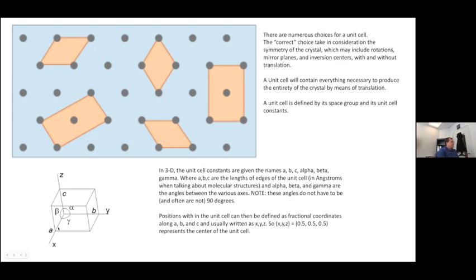So A is a vector that points along a certain axis, and it has a given length in angstroms when we're talking about molecular structures. And then we have the angles alpha, beta, and gamma, which are the angles between those unit cell axes. And we're not going to go too in depth about symmetry and unit cells and all that, but these are some of the terms we use, and so I wanted you familiarized with that. Kind of what are we talking about when we speak of those?